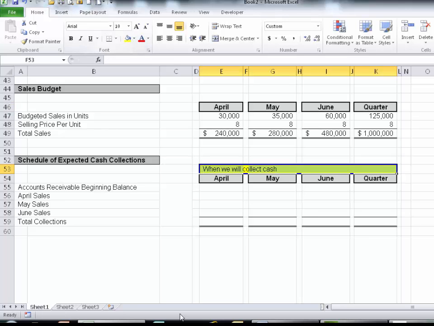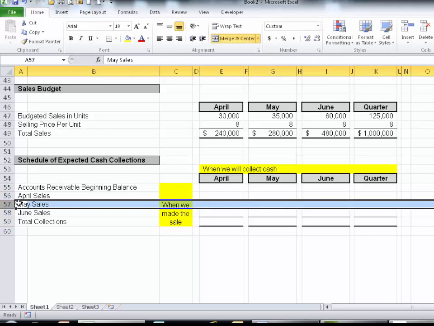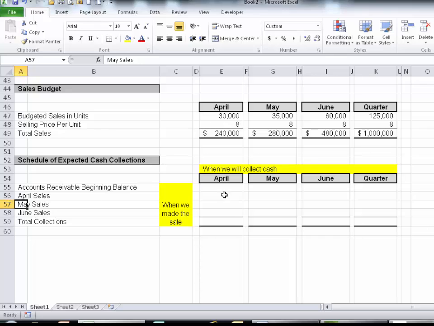The rows represent when we made the sale. So for example, if I pick a row at random here, May sales, we're going to come across and we're going to indicate how much of May sales were actually collected in April, May, and June, and then how much in total of May sales we collected during the quarter in question.